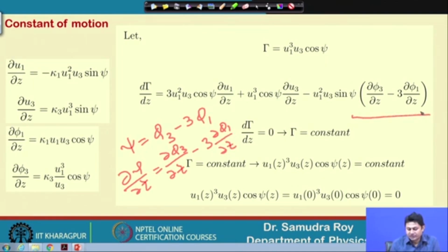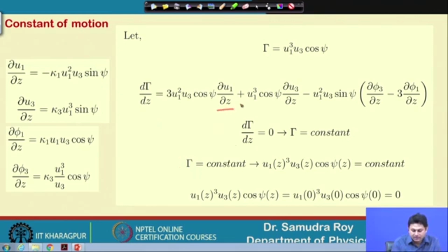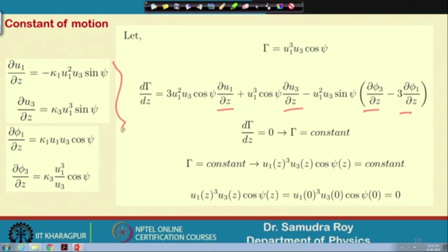So, exactly these things are here. We just expand the expression of phi, so that we have all our terms like this, and this. All the 4 terms in the left hand side are given. If we put all these 4 terms, we can readily find that this quantity is a constant quantity.